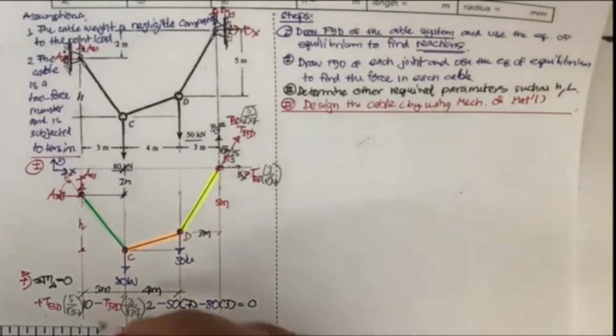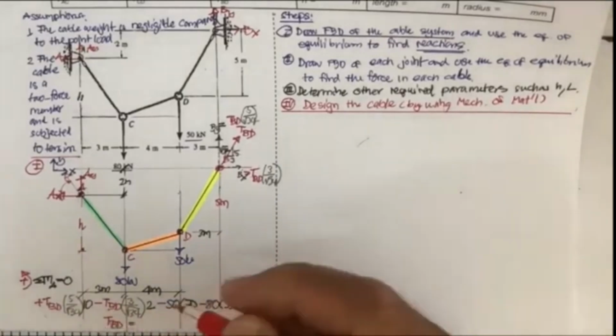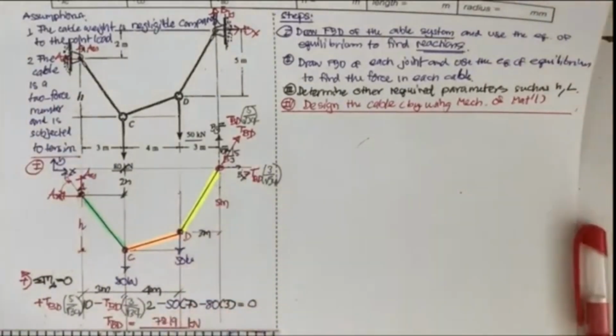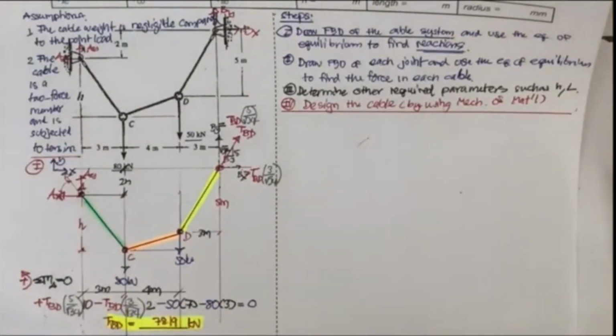Okay, what do we have? We get 78.19. That is the force in the yellow cable. You may then determine the B sub x and B sub y, and you also can determine the A sub x and A sub y.